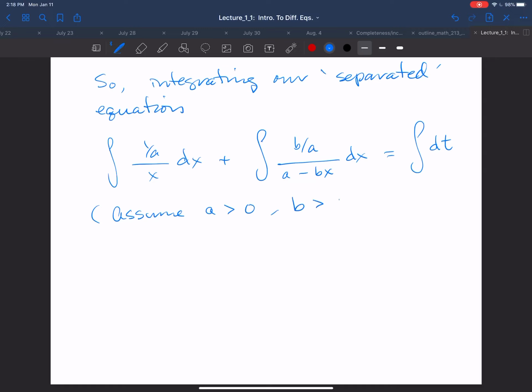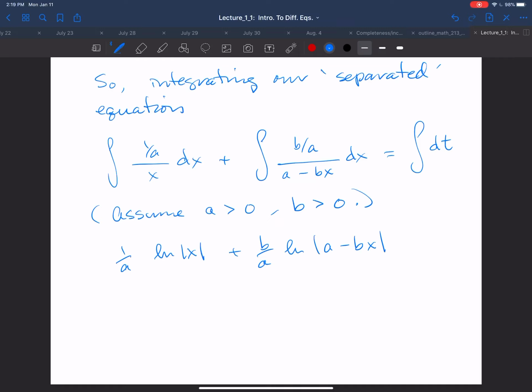We're also assuming that B is positive. So what are we going to get? We're going to get 1 over A times the ln of the absolute value of x plus B over A times the ln of the absolute value of a minus bx.